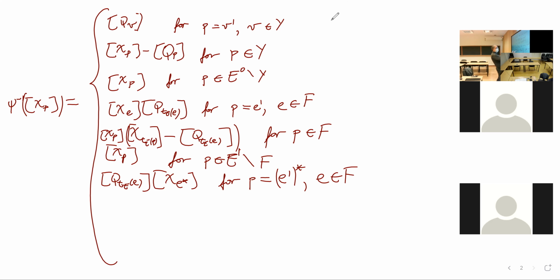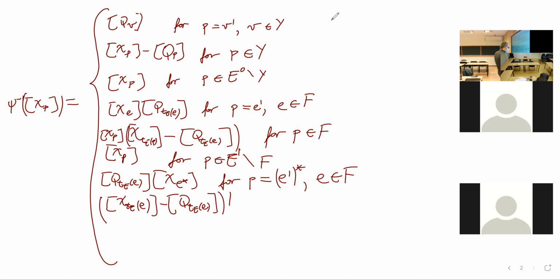And now I flip this formula. So I have parentheses, the class of chi t e of e minus the class at the same vertex of q at the same vertex of q t e of e.